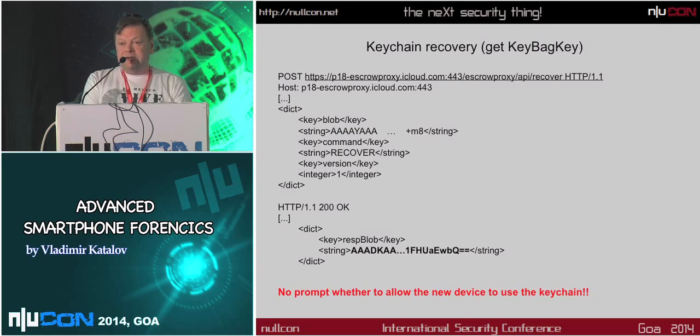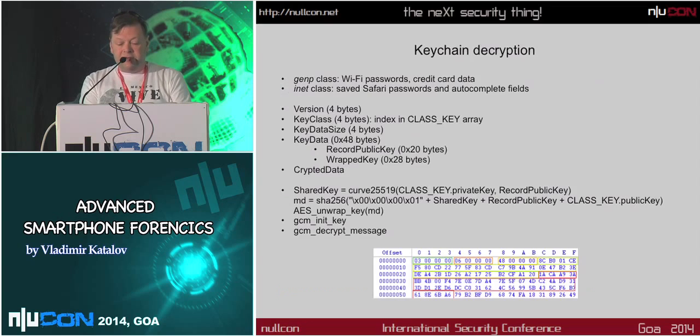When you enable the iCloud keychain on the new device, all the other devices immediately show the message whether you have to allow this new device to use the keychain. If you use the protocol as described before, there is no notification at all, and so you can silently retrieve someone's keychain. But of course, you have to know the Apple ID, the password, and also the security code.